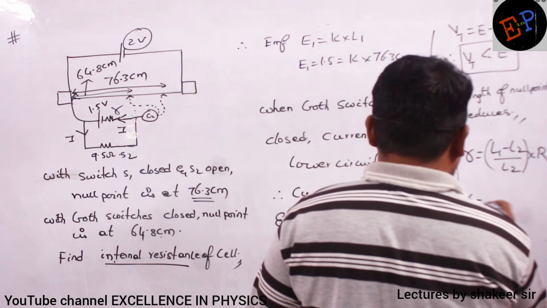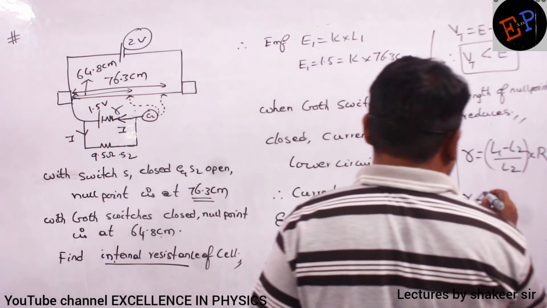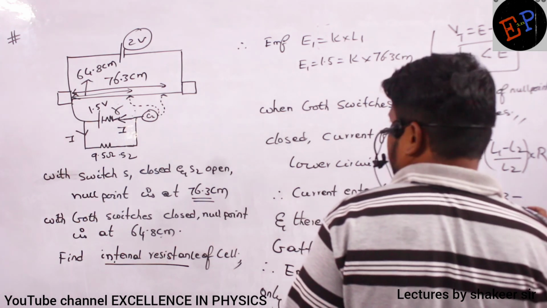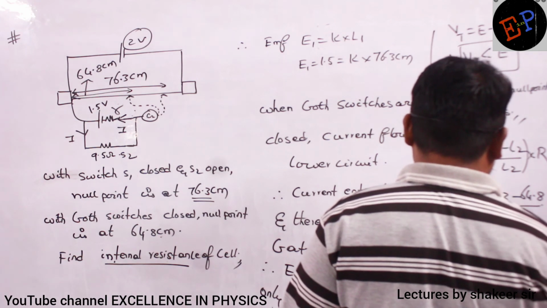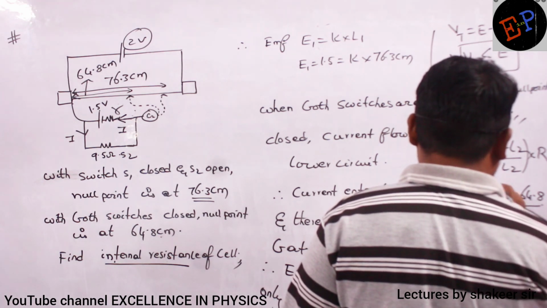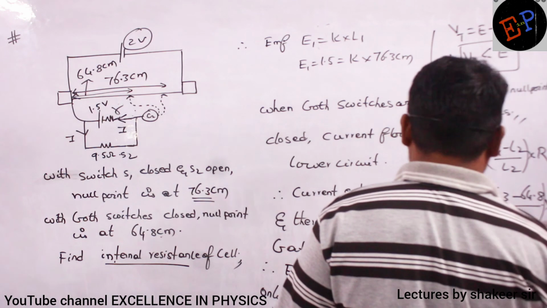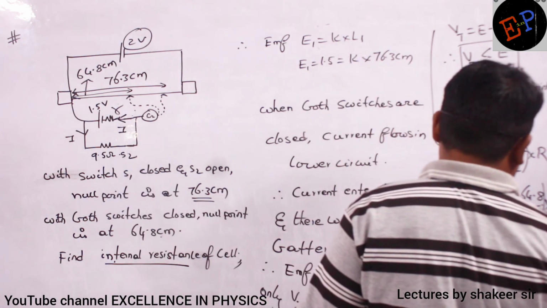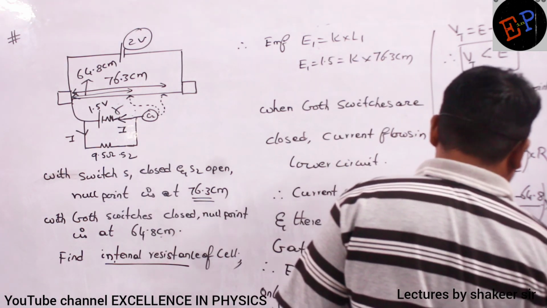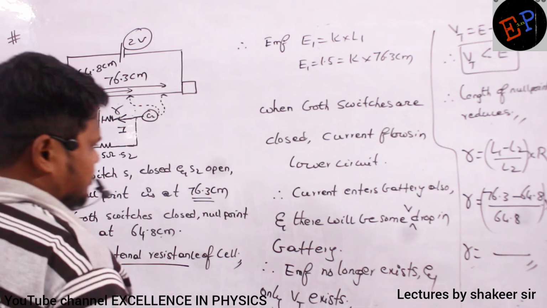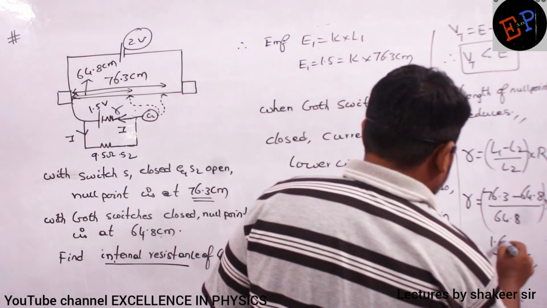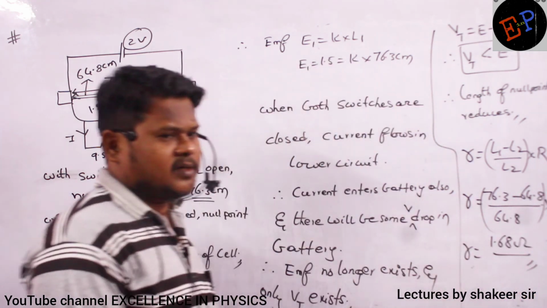So internal resistance is L1 value 76.3 minus L2 value 64.8, divided by L2 value 64.8, multiplied by the external resistor, which is 9.5. Do this calculation, that is our answer. The answer which you should get is 1.68 ohms. That is the internal resistance of the cell.